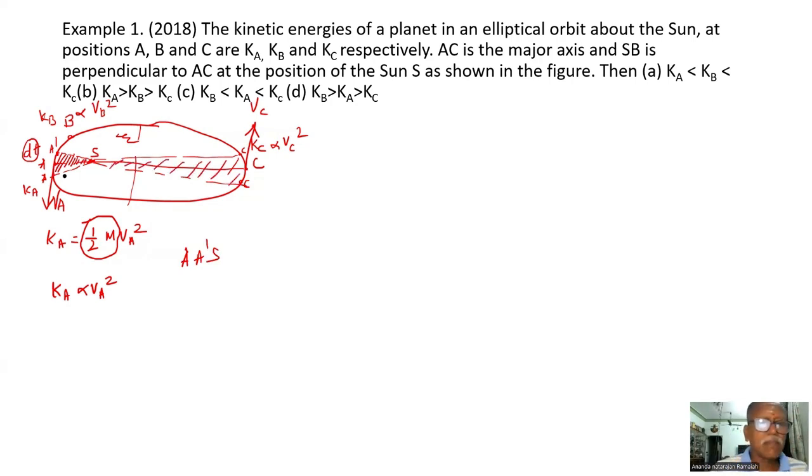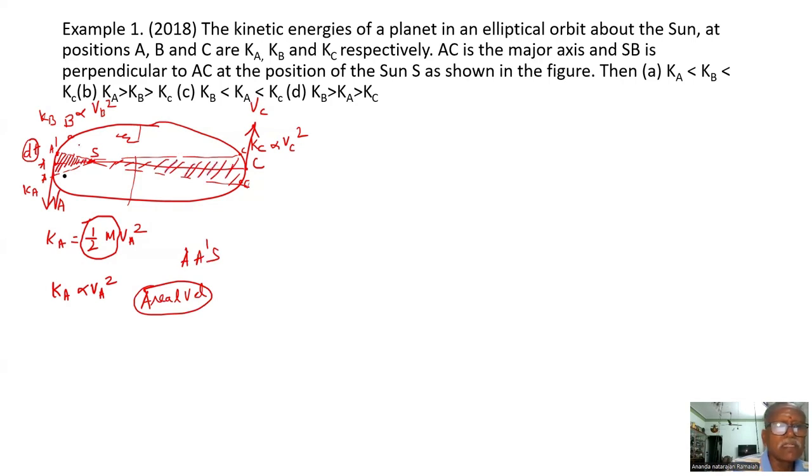But planetary motion has the property of areal velocity: the time taken for equal areas is equal. Suppose CC dash is the same distance, but it has twice the area of this.